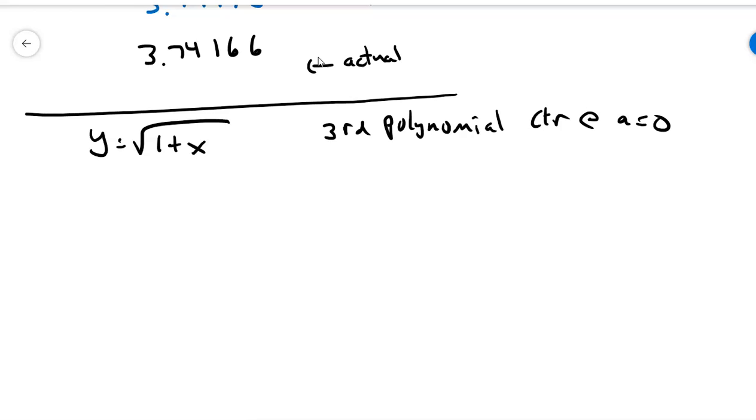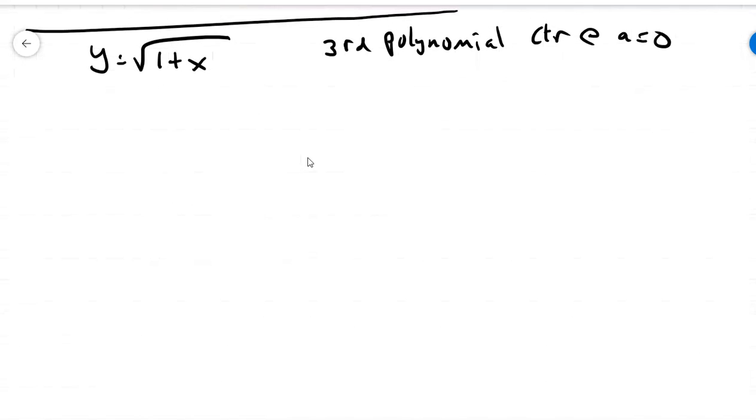All right, let's keep the same idea as before. I'm going to make a list of my function and its derivatives on one side, and then the centers on the other. So f of x will be the square root of 1 plus x.